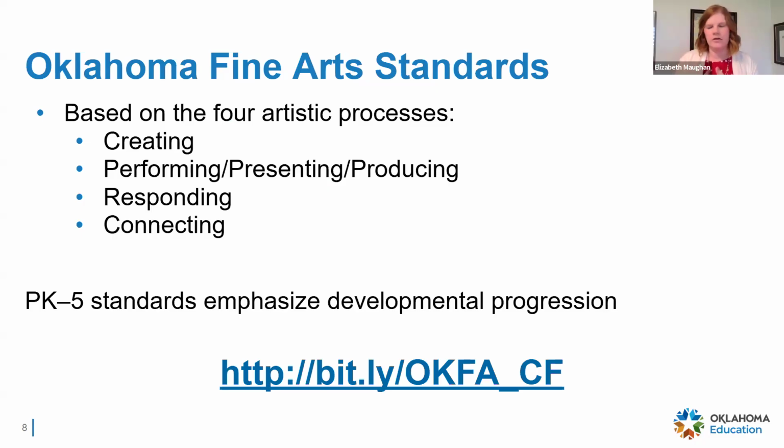So there's creating, pretty self-explanatory, performing or presenting or producing, depending on the subject area, responding to the art form, and then connecting, which is probably where you're going to be looking for things with arts integration. For visual art, these are named a little bit differently, but it's the same 4 artistic processes.